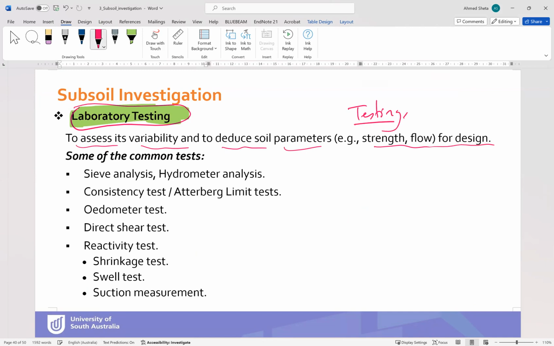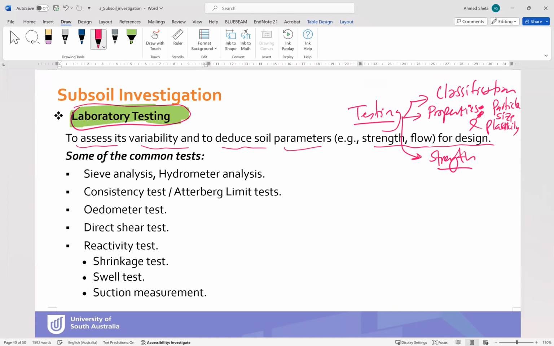Testing will give us some parameters about soil classification and soil properties, such as plasticity and particle size, for example, elasticity, and so on. And also, the third is the soil strength, which is very important in the design.